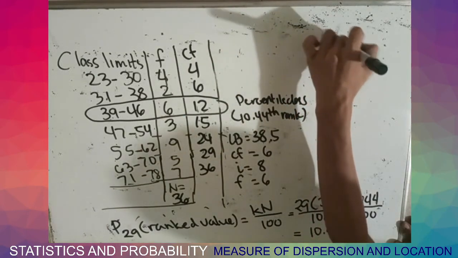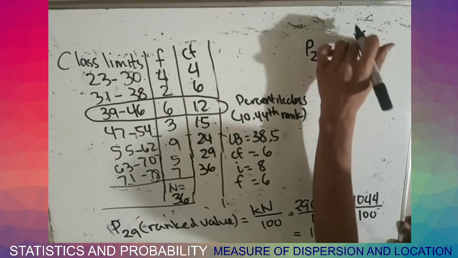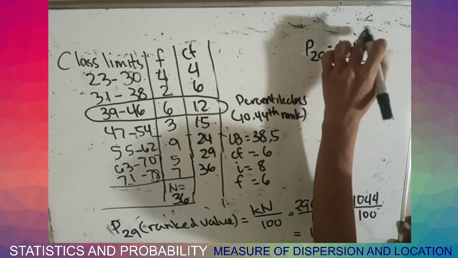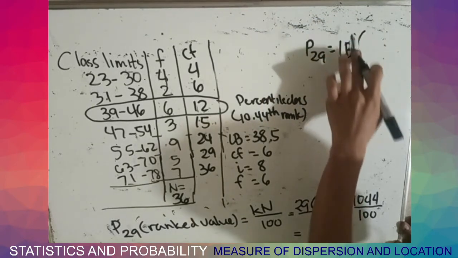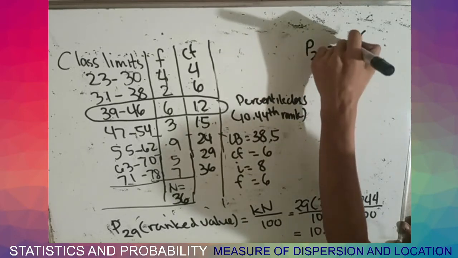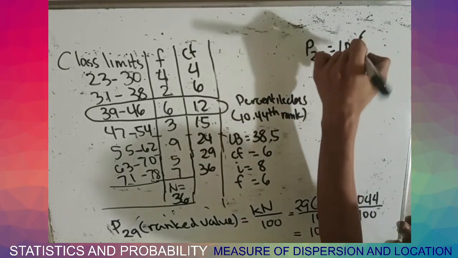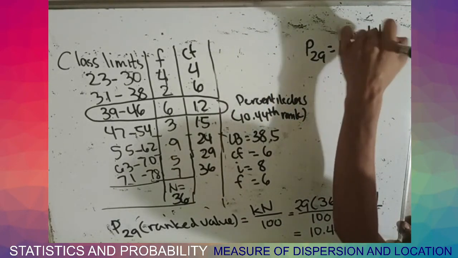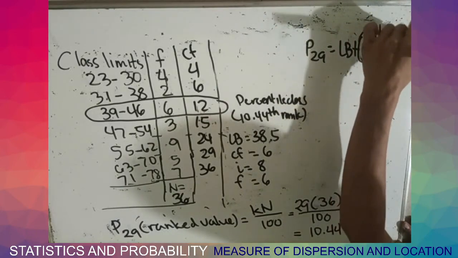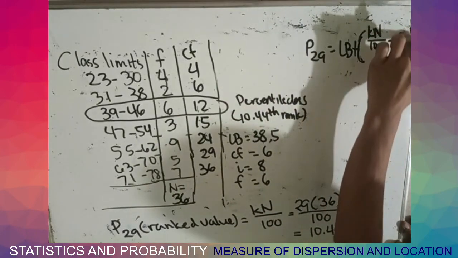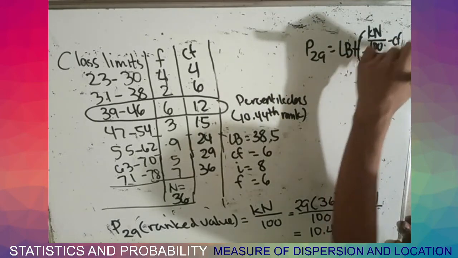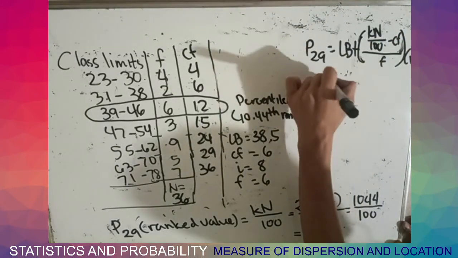Then pwede natin complete si percentile, which is P29, equals to LB plus the quantity of Kn over 100 minus CF, all over frequency times interval.